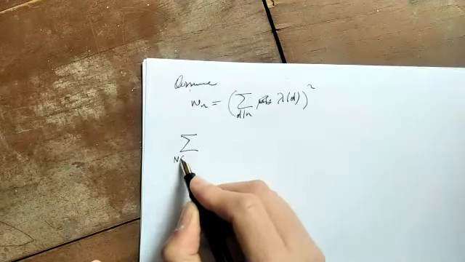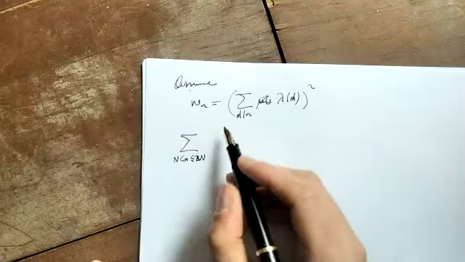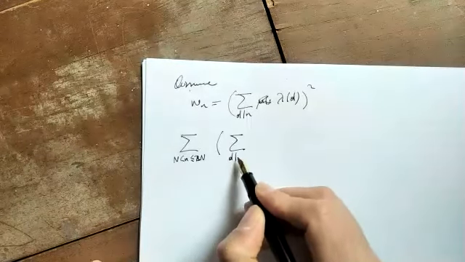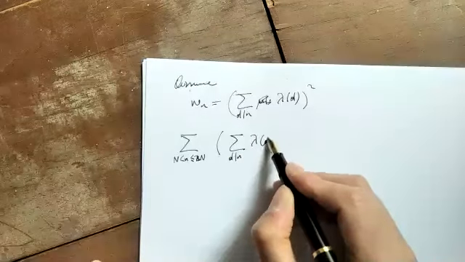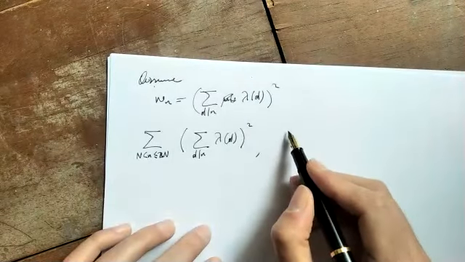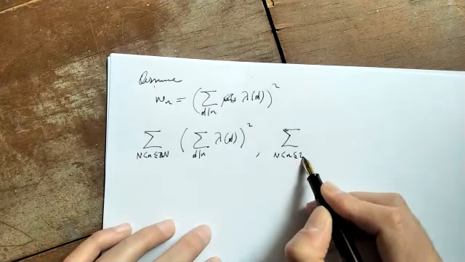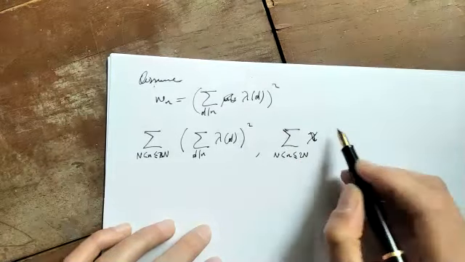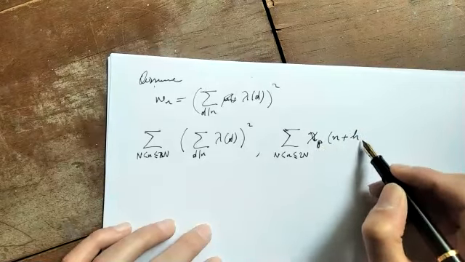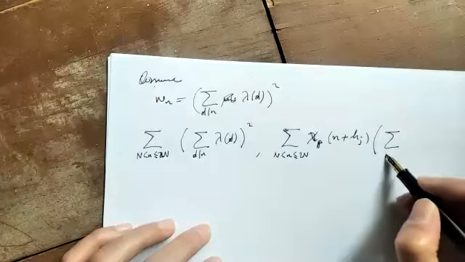You have the sum over n up to 2n of this thing, your weight, and you have the same, except this time weighted by primes. You have the indicator of primes at n plus h_j, let's say, and again this squared divisor sum.